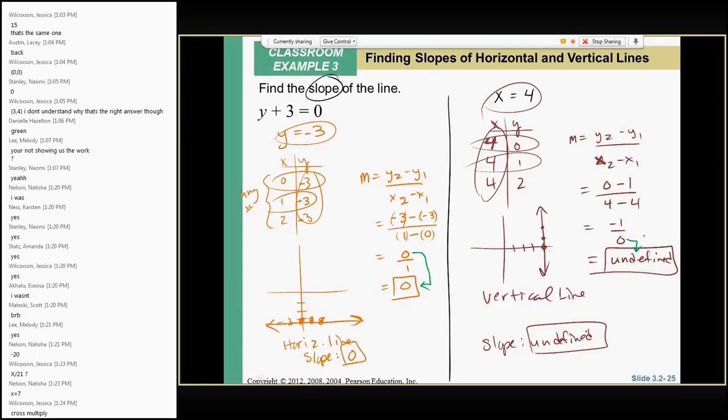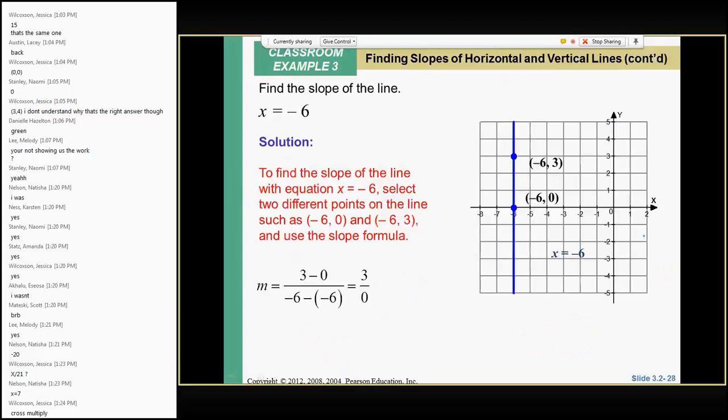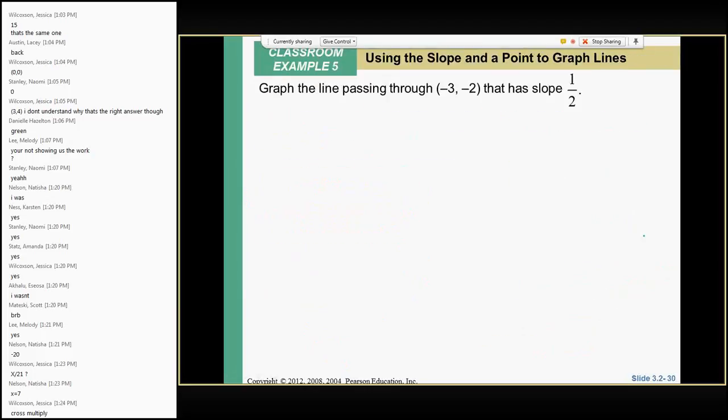Okay, perfect. We're going to kind of just, they might ask you to graph it, so you have to graph it. I'm skipping here. What if they ask you to graph the line passing through a certain point and it has a slope? Well, even though this is not the y-intercept, you graph that first and you graph this second from that point.